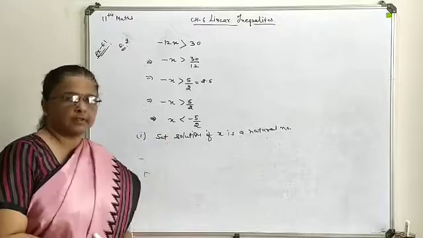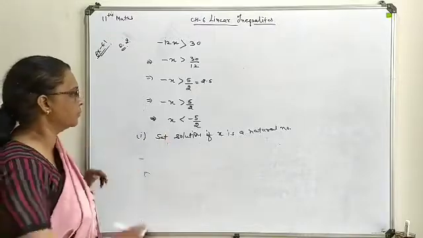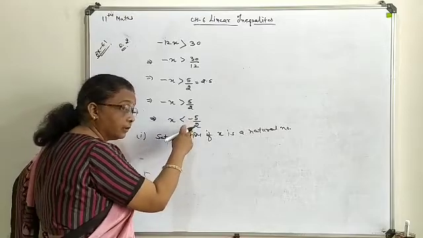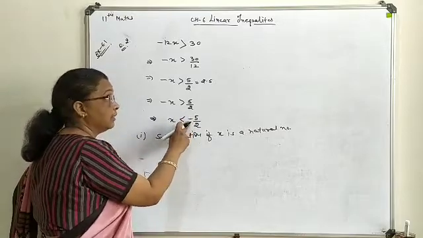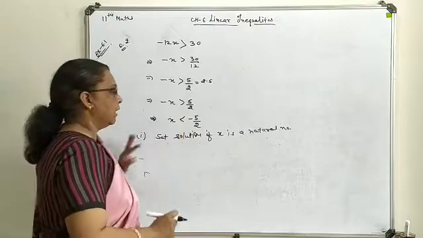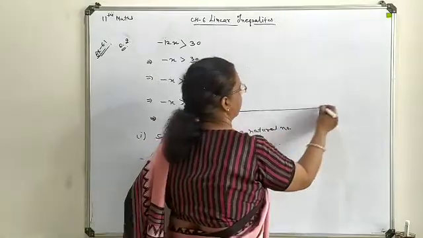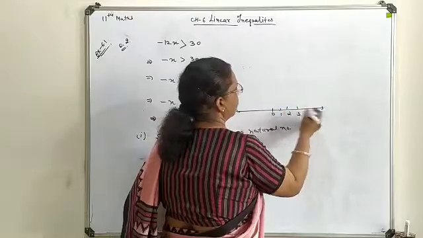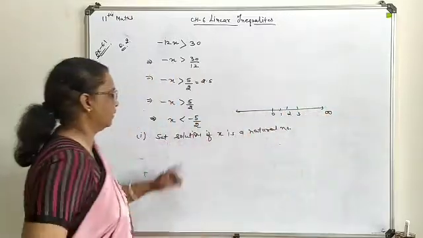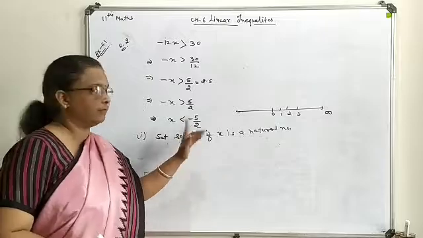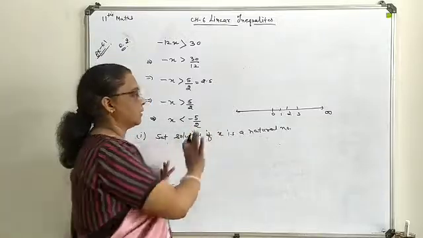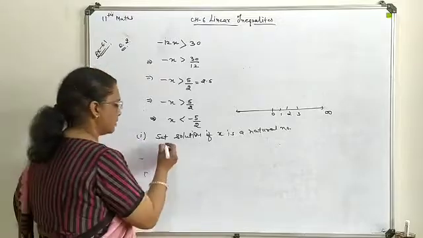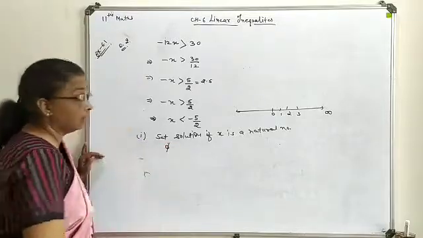When x is a natural number, and here x is less than minus 2.5, what will you have? If you are talking about a natural number, you will compulsorily start with 1, not any negative number, and it is less than that negative number. That means under this criteria a solution is not possible to define. So here the set solution will be a null set.